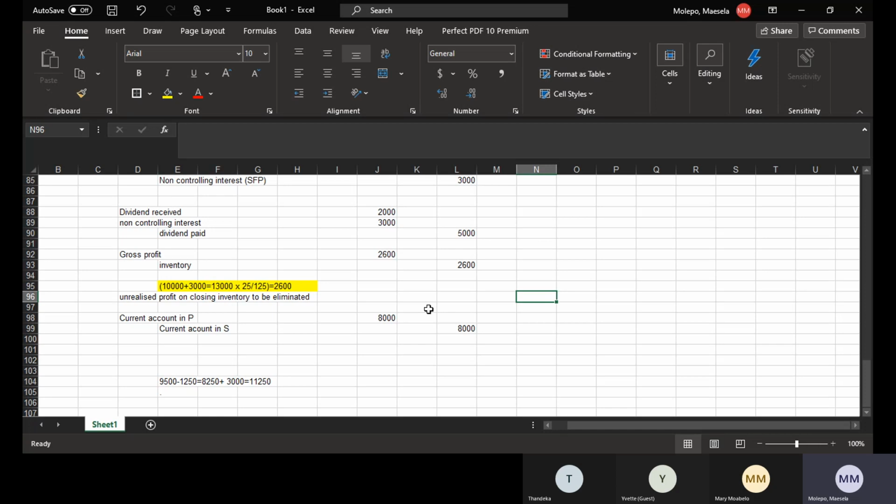So the next example, starting from page 211, is the treatment of preference dividends in the subsidiary. In the example we just dealt with, he declared the dividend, or he was making a provision that he was going to declare the dividend.